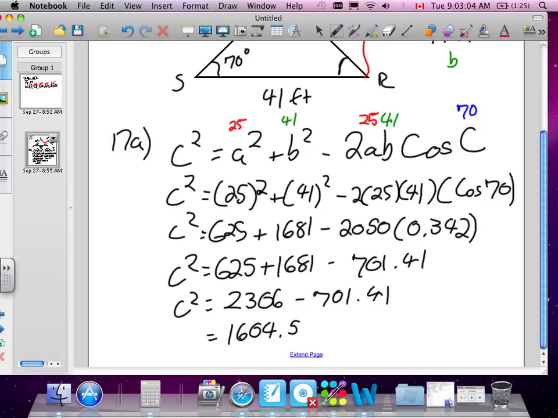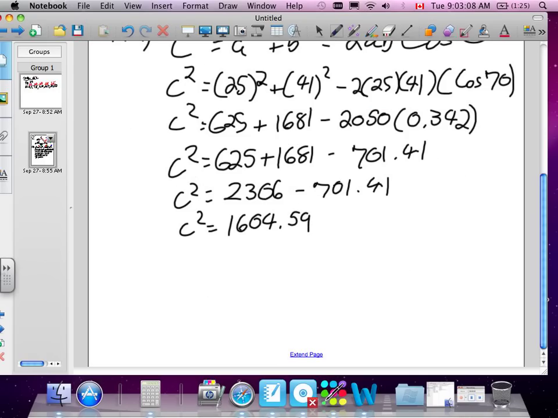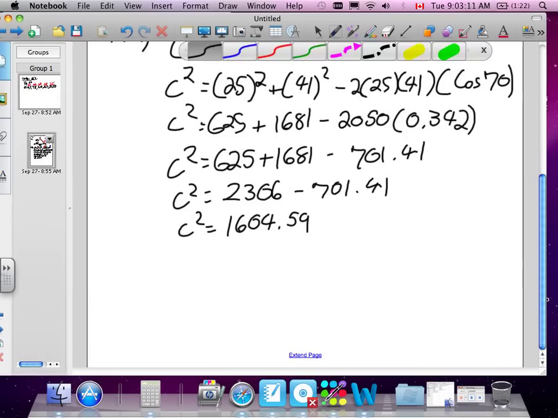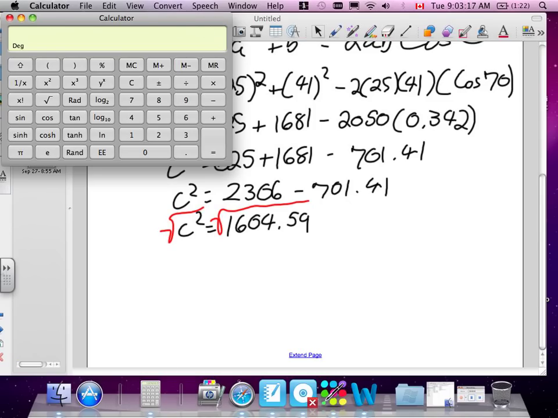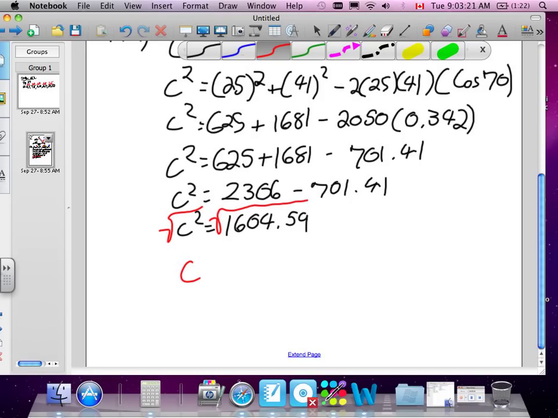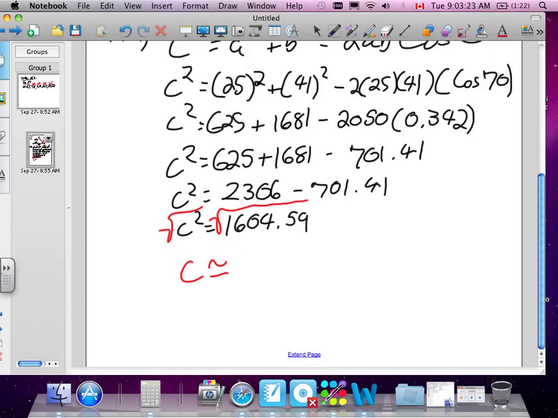C squared. And finally, to evaluate that, we need to square root both sides because C is squared. So we take the square root of this value. We're going to say approximately 40. So C is approximately 40 feet long.